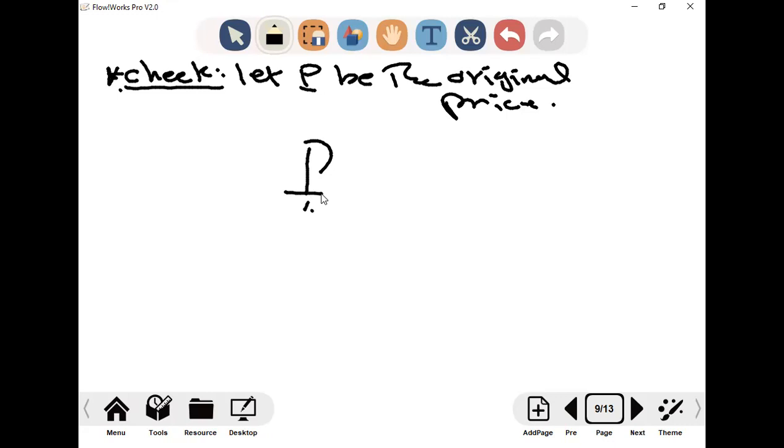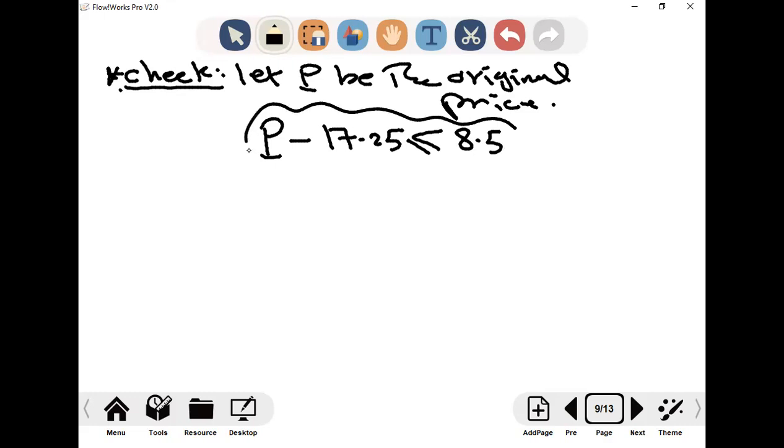Right? Yeah. So let's prepare the inequality now. We said the difference between the original price, which is P, and the sale price, which is how much? 17.25. At most, so P minus the sale price, 17.25, is at most, less than or equal to 8.50 as given, right?